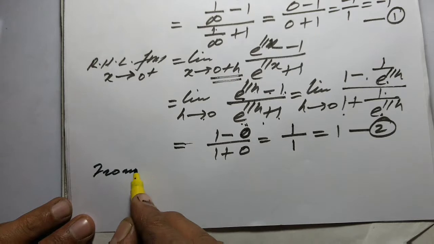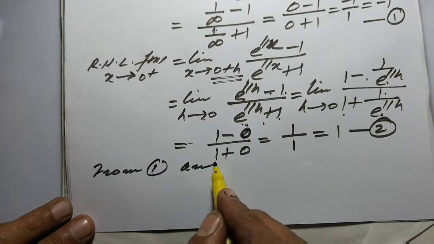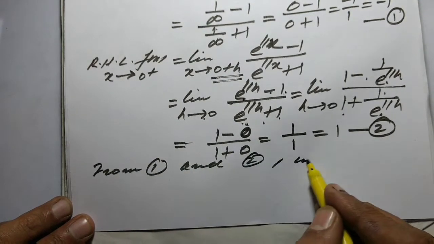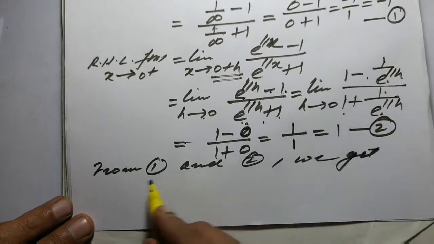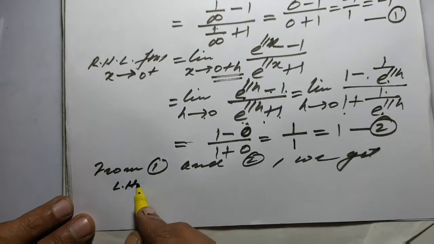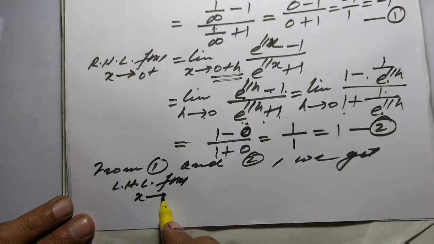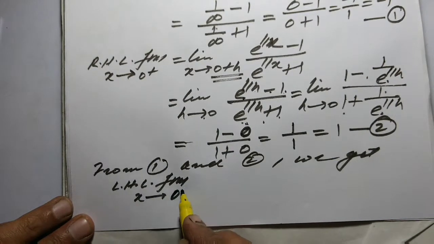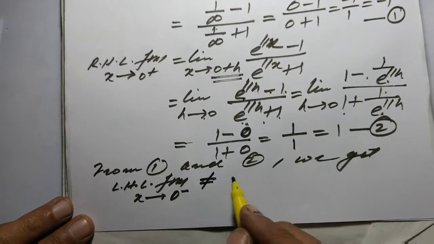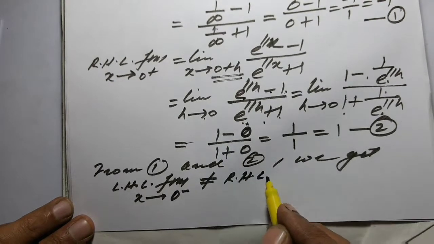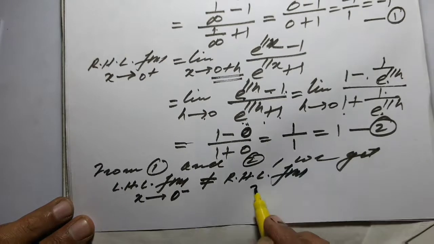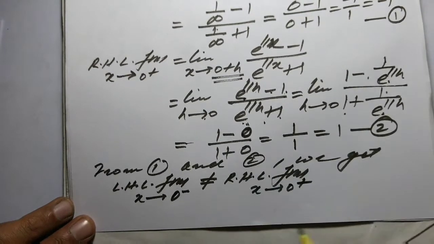From 1 and 2 we get left hand limit of f(x) when x tends to 0 negative is not equal to right hand limit of f(x) when x tends to 0 positive.